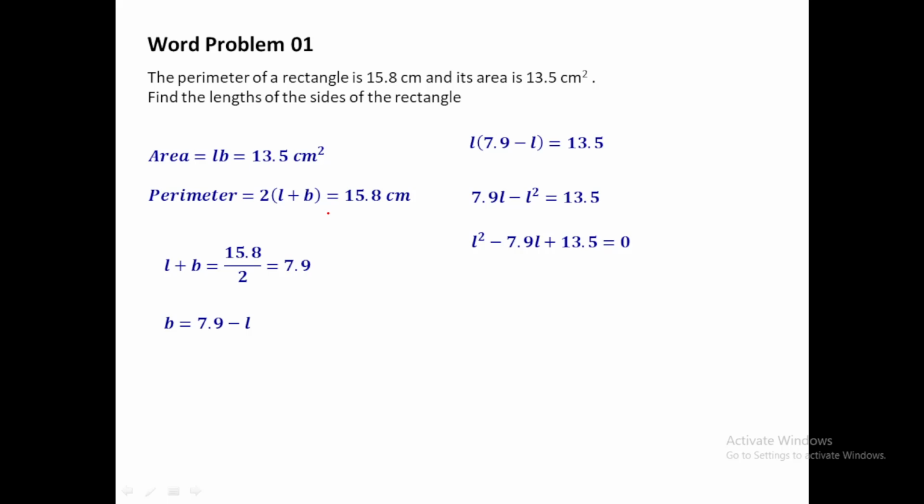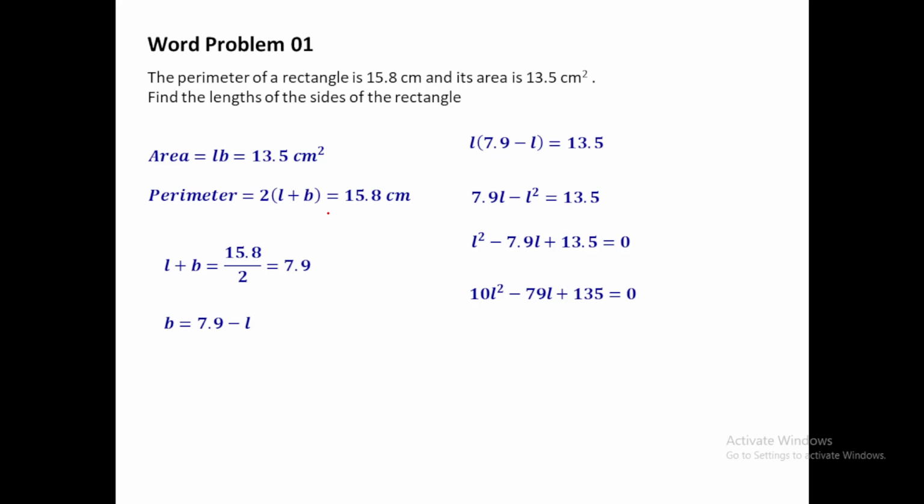We can solve this now. Since 7.9 and 13.5 have a decimal place, we can multiply the equation throughout by 10 to remove the decimal point from 7.9 and 13.5 to ease our calculation. Then how can we find two numbers?